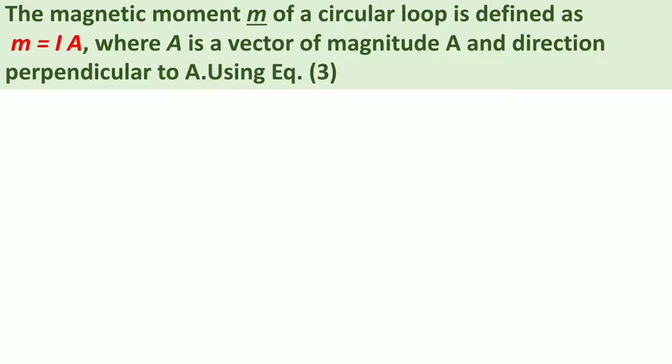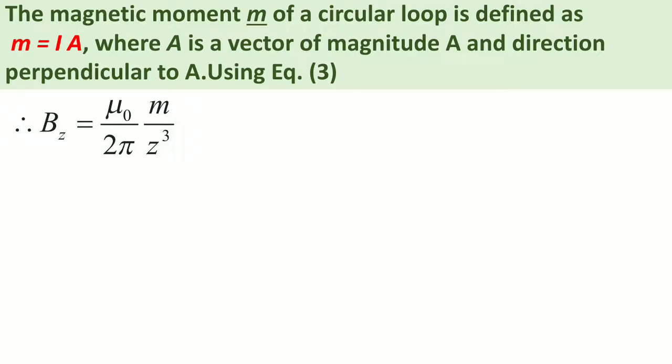So using equation number 3, we can have, therefore Bz is equal to mu naught upon 2 pi. Instead of writing Ia, we can simply put it as a small m upon z cube. Now see, mu naught upon 2 pi is not a constant value. We have a constant value, that is mu naught upon 4 pi is equal to 10 raised to minus 7.